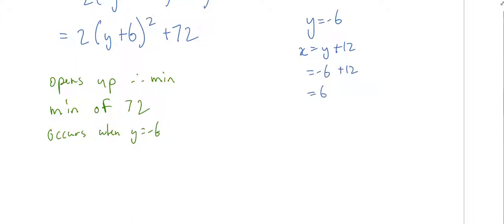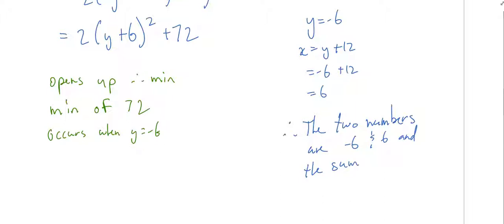So therefore, the two numbers are -6 and +6, and the sum of their squares is 72, and I'm going to show you what that means in a second.